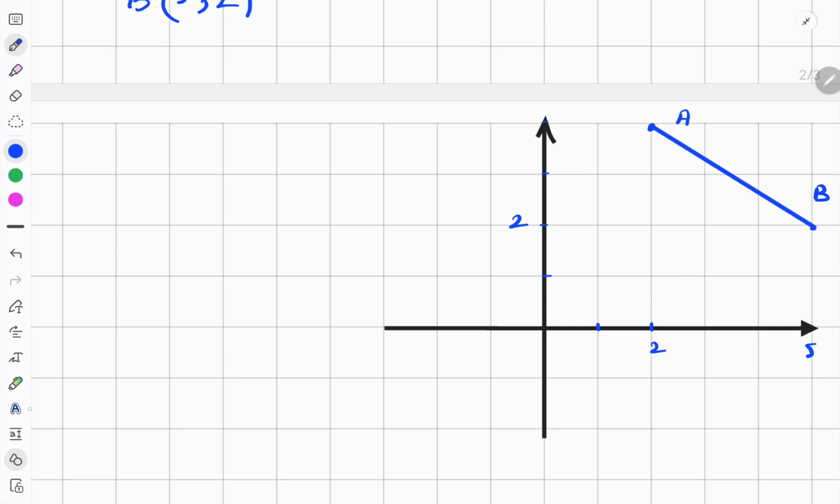We can call this d, the abbreviation of distance. So the length of AB is d units. I'm going to draw a right angled triangle where AB is the hypotenuse.